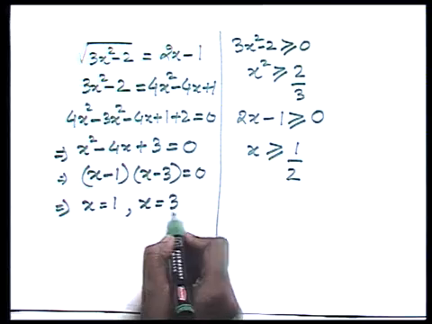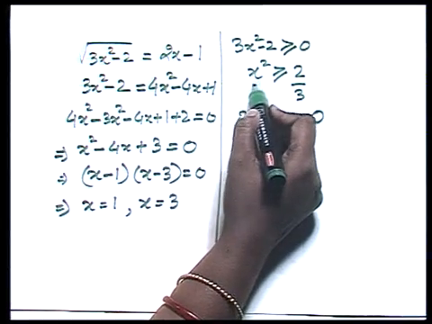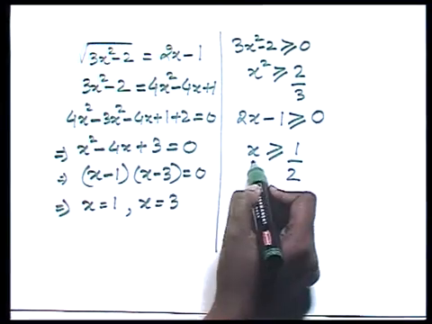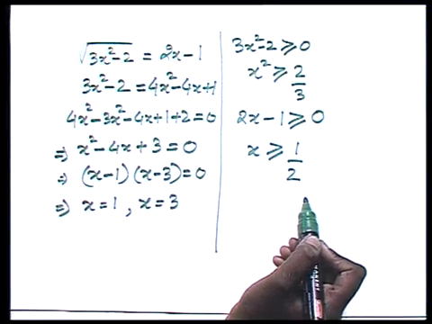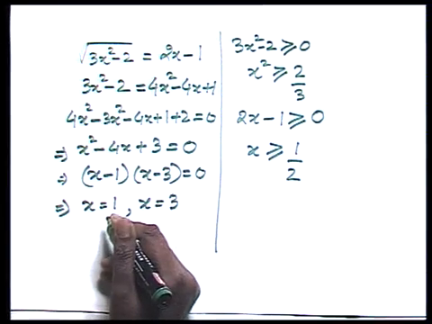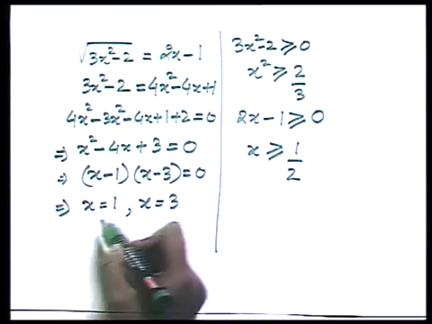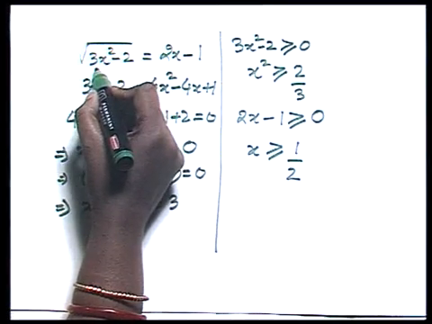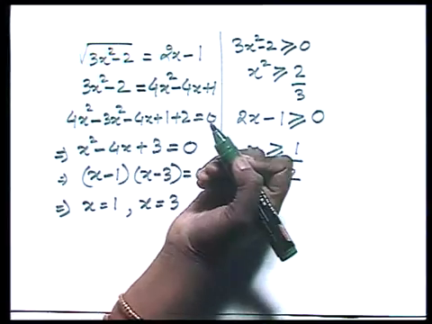Secondly, when we take x = 3, then putting 3 here, we get 3 squared, that is 9. 9 is greater than 2/3 obviously, and 3 is greater than 1/2. So we find that both x = 1 and x = 3 satisfy our conditions. Therefore, x = 1 and x = 3 will be the solutions of the equation under root of 3x^2 - 2 = 2x - 1.